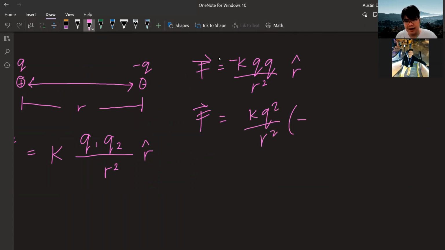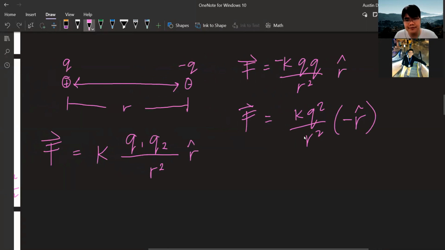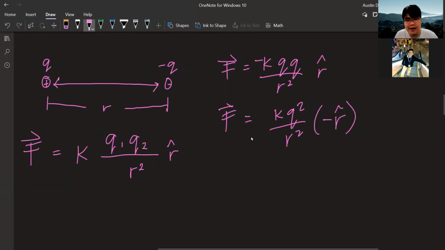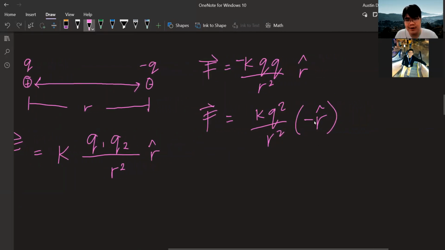Usually I combine the negative sign and the direction, so it tells me how strong my force is, that would be this one, and what its direction is, it would be this one. So what does negative R hat mean? Negative R hat means the direction is inward. They would be attracted to each other.